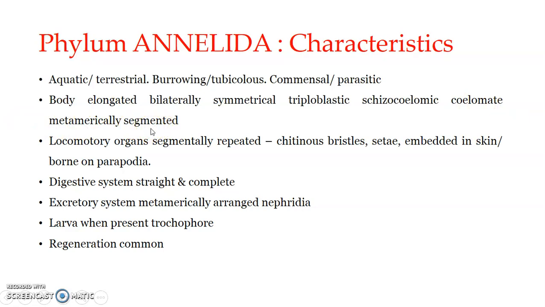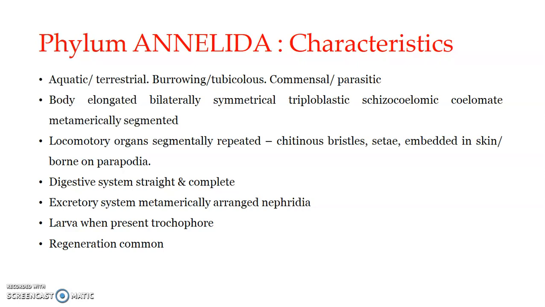Both internal as well as external segmentation can be found in annelids. Externally, the body is segmented by way of transverse grooves which are visible from outside, while internally the body is segmented into a number of divisions by way of septa.